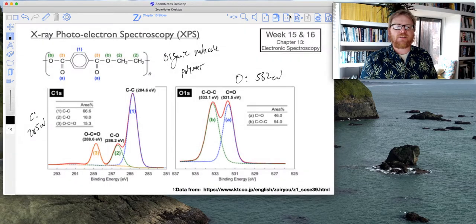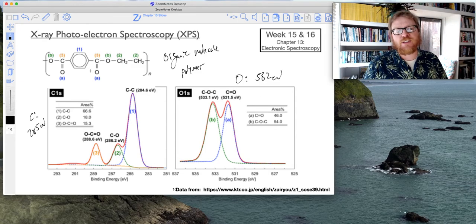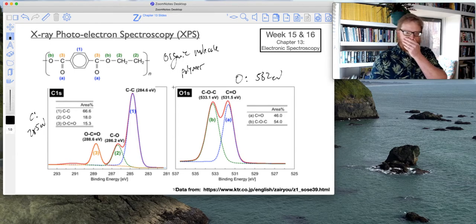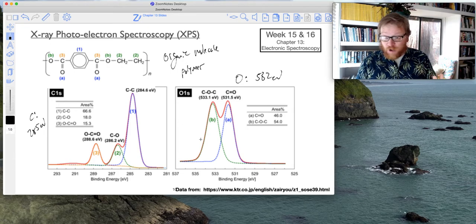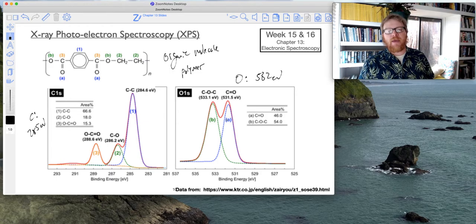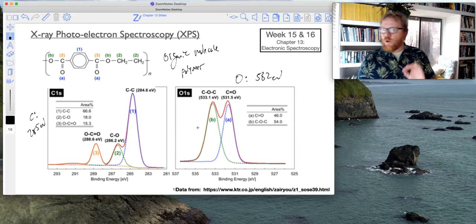And then the final thing I'll say is, if you were looking at this XPS spectra, and suppose you didn't know this was the organic molecule you were looking at, you would have a really, really hard time assigning all of these different functional groups. So typically, people also use FTIR in tandem with XPS for total analysis.